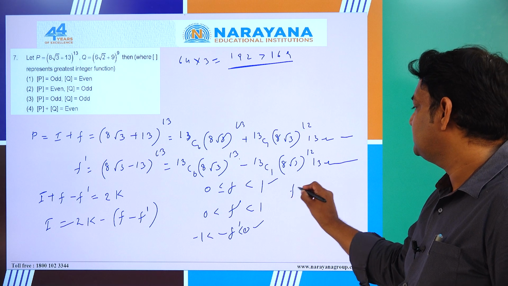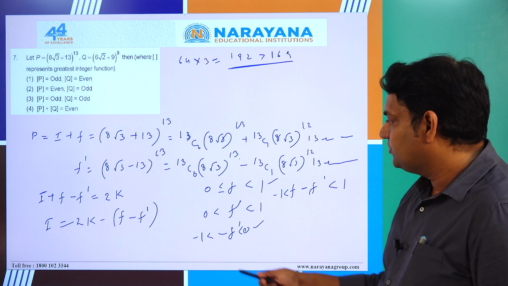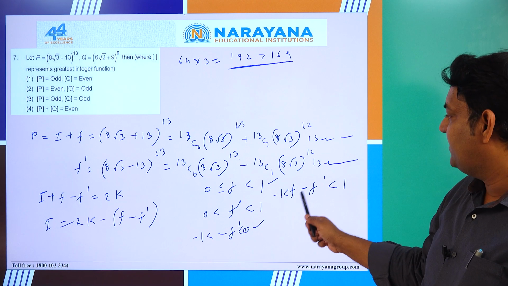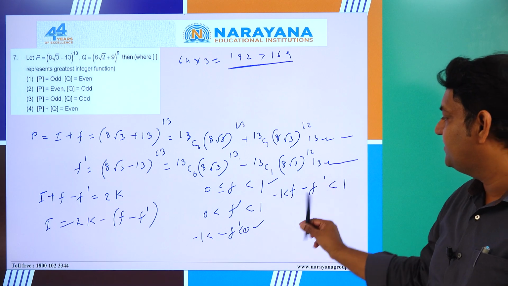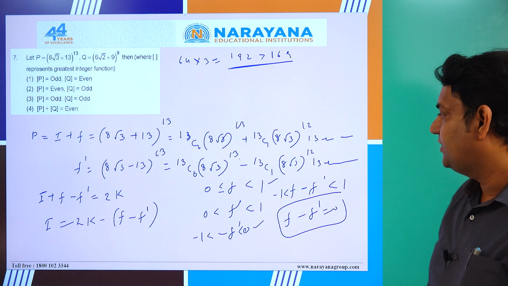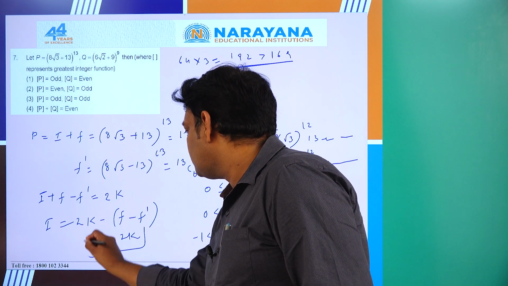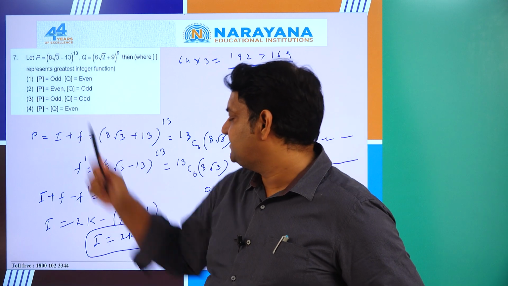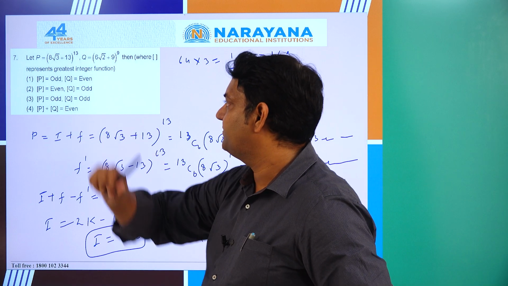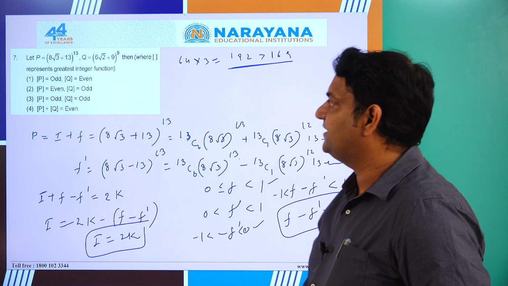So f minus f dash lies between minus 1 and 1, but we know that this is an integer, so f minus f dash must be 0, and then I is 2k. So the greatest integer of p is even. So far the possibilities are the second option or the fourth option, that is, even.